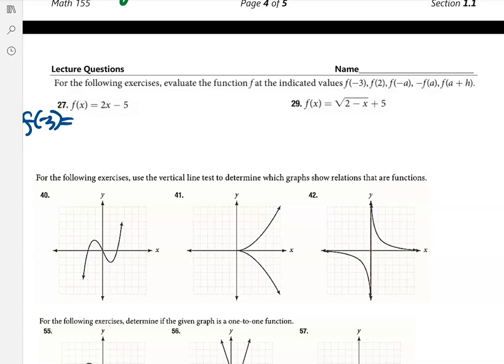2 times -3 is -6 minus 5 is -11. Next, f of 2. 2 times 2 is 4 minus 5 is -1. And then f of -a, when you substitute -a for x, is going to be -2a minus 5.